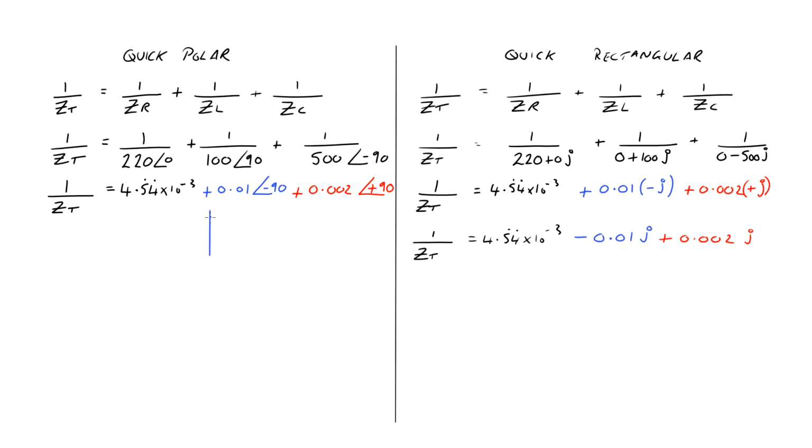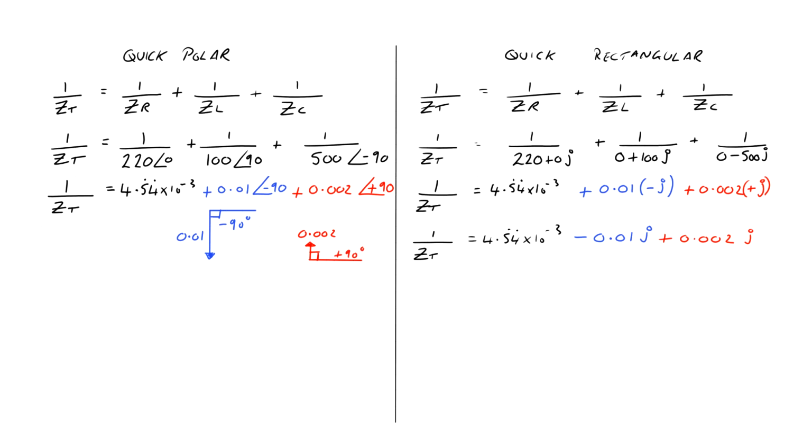Doing the same on the left hand side for polar, looking at the reactances, the capacitor and inductor. For the inductor, 1 over ZL is 1/100th at an angle of minus 90 degrees, and then opposing that is 2/1000ths at positive 90 degrees. So you can only add polar numbers together if they're in the same plane, like on the same straight line.